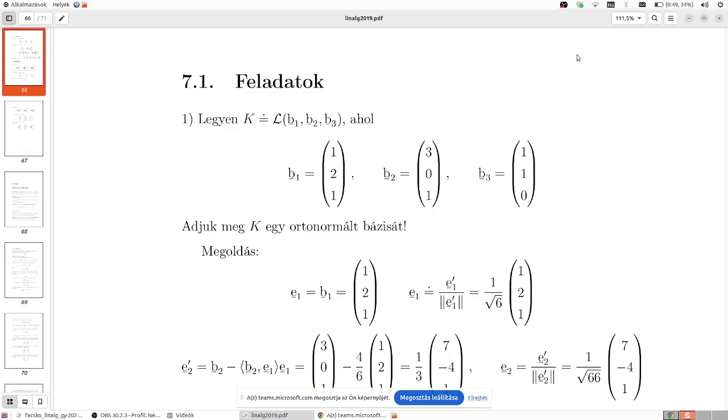The length of this is 1. So this is the second basis vector. It's quite simple. Without zeros, it would be a longer task.